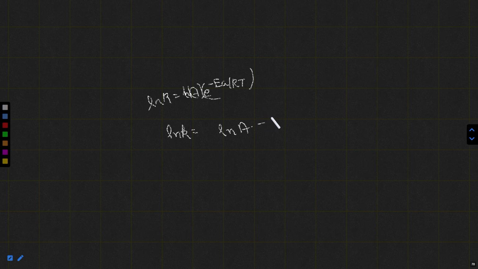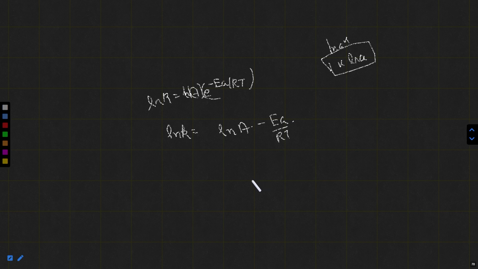Now if we take ln on both sides, ln of A into B becomes ln A plus ln B. What is B here? B is e to the power minus EA by RT, and ln of that can be changed to minus EA by RT times ln e, because ln of a to the power x is x ln a. These are some properties of logarithms you should know. Now ln e is 1.